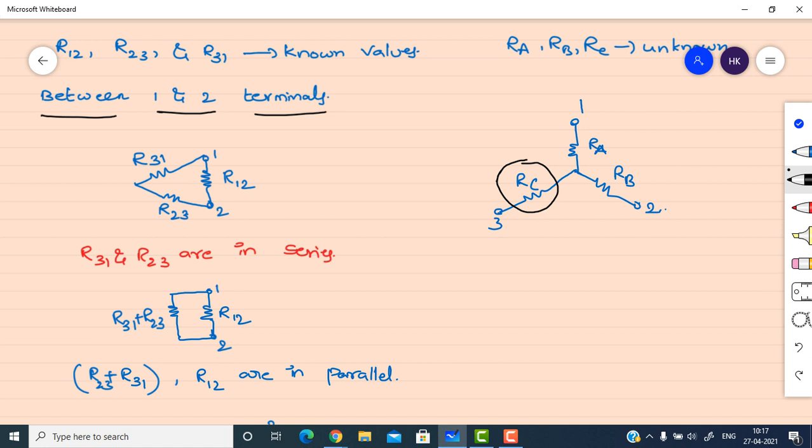So these two, RA and RB, are in series. Therefore, the equivalent resistance between 1 and 2 terminals is RA plus RB.